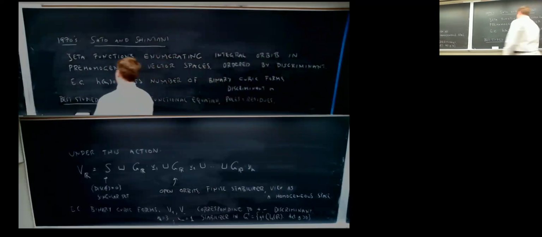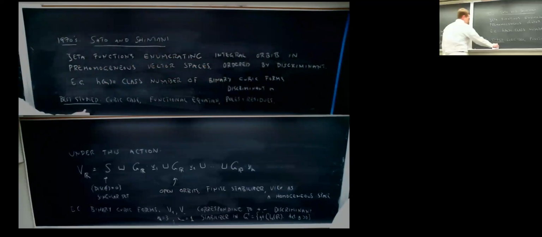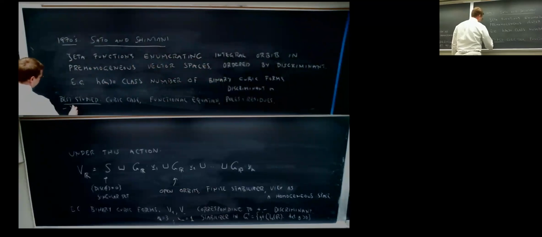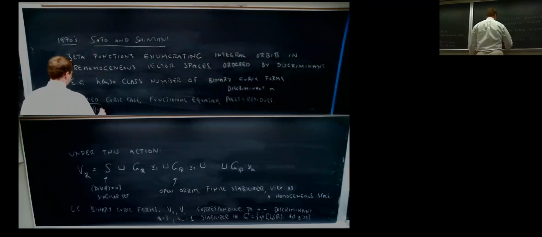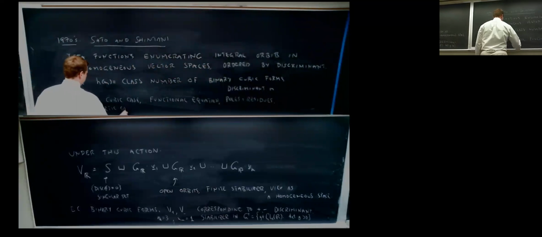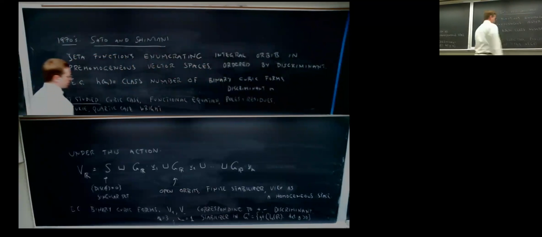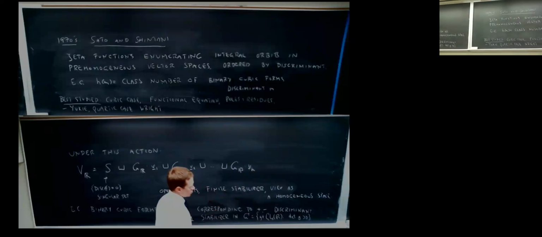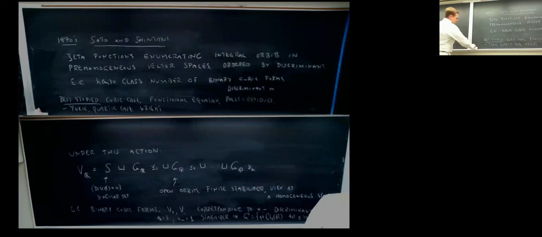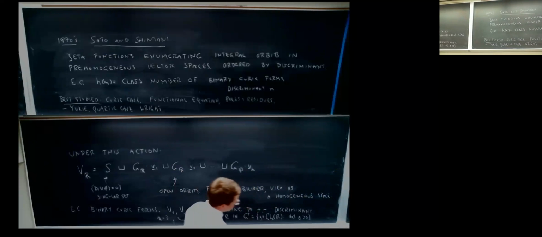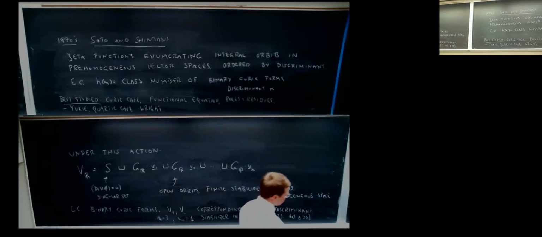Then there have been a number of authors since who have developed the other cases. There are some treatments, but many of the analytic properties are still unknown. So what Hough and I have developed is a way of proving a subconvex bound for these zeta functions in the critical strip.